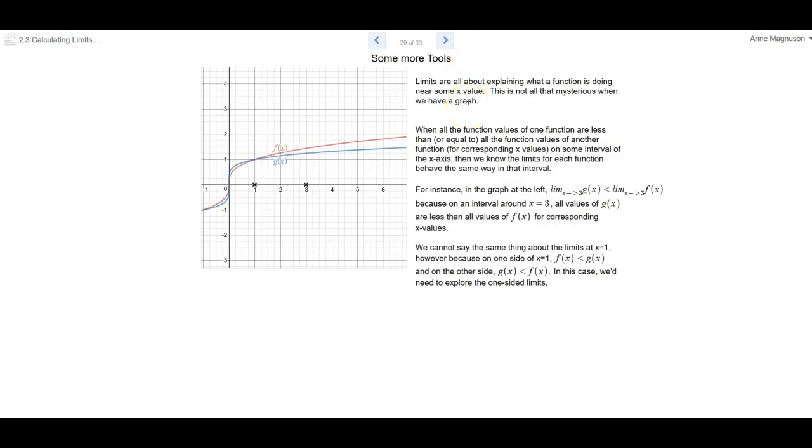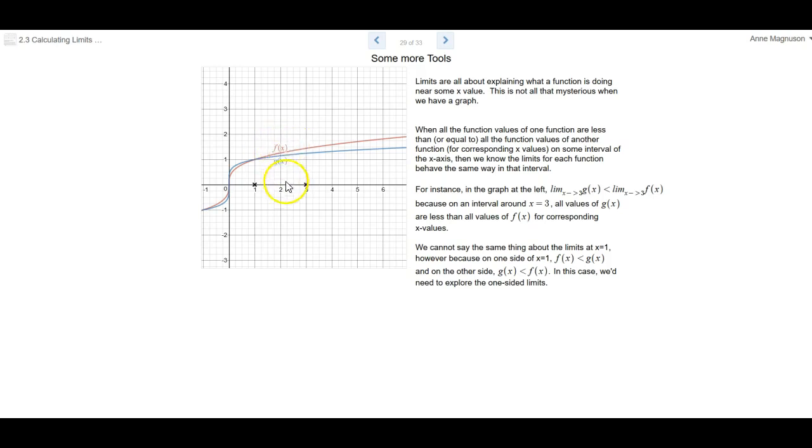A couple more tools that we talk about in this section. Since limits are really just talking about the y values of functions on a graph, this rule is telling you that if all the y values of one function are less than all the y values of another function for some interval on the x-axis, then the limit of, in this case, g of x would be less than the limit of f of x.